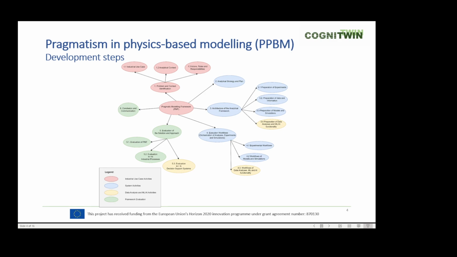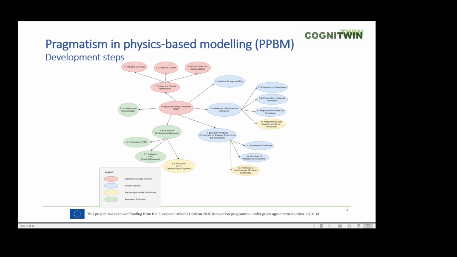And here we orchestrate the workflow of experiments, the models and the simulations, and execute related data analysis. Model tuning to the data is a part of step number 4.